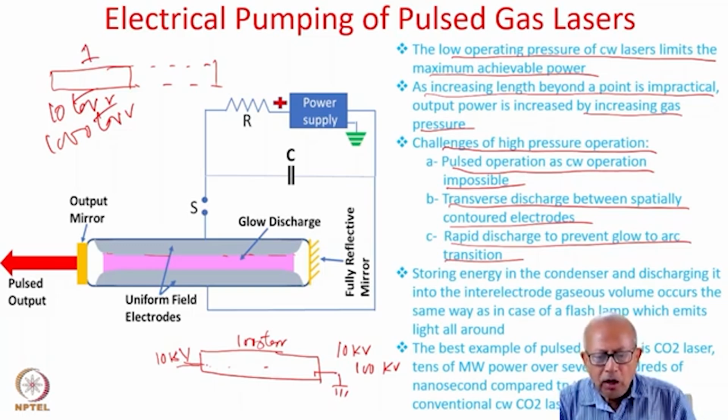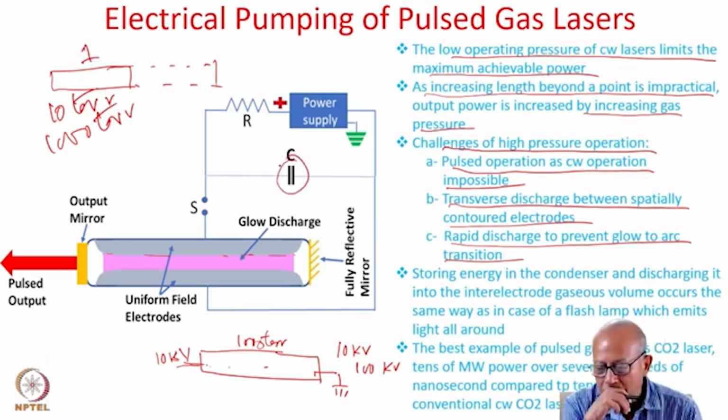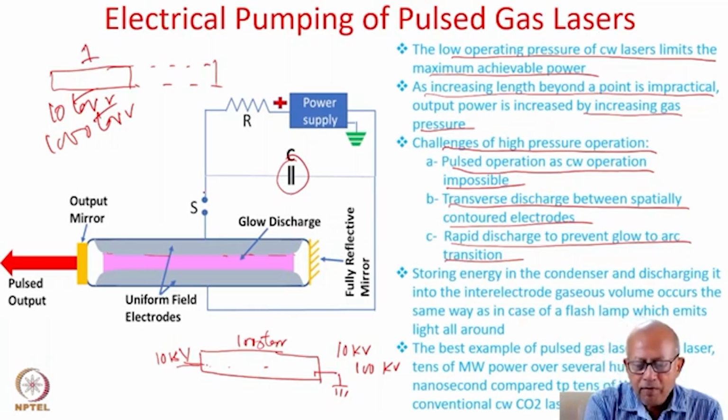So then how will we make it work? Of course, you will charge a condenser first to the appropriate voltage. When the condenser is charged to the required high voltage, a high voltage, high current switch closes, and this will allow the condenser to discharge its energy into the inter-electrode volume.